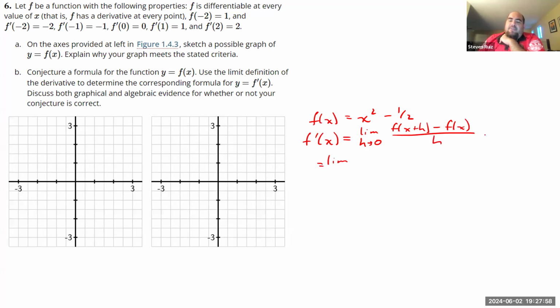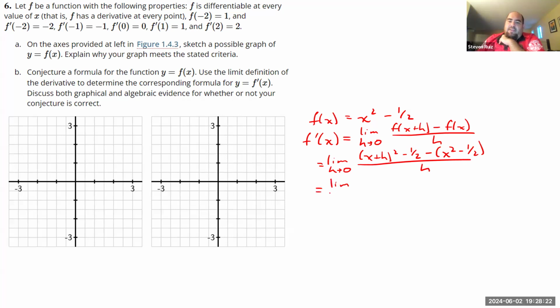Again, this limit definition is general for any function. So now how do I apply it to the function I care about? Well, if f of x is x squared minus 1/2, then f of x plus h is going to be x plus h squared minus 1/2, minus f of x, which is x squared minus 1/2, all over h.